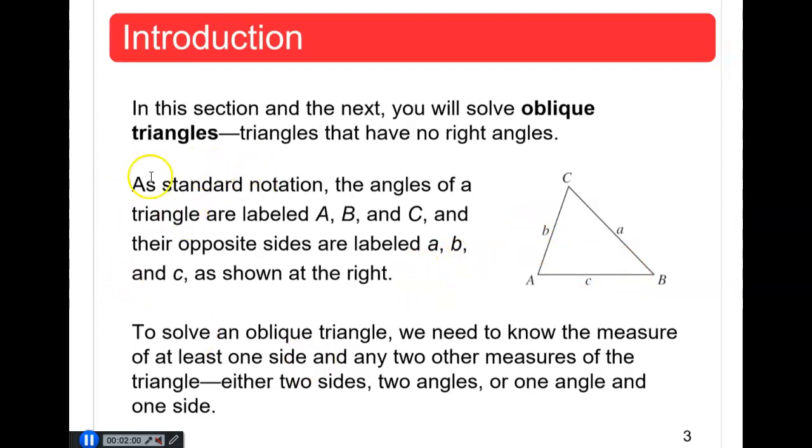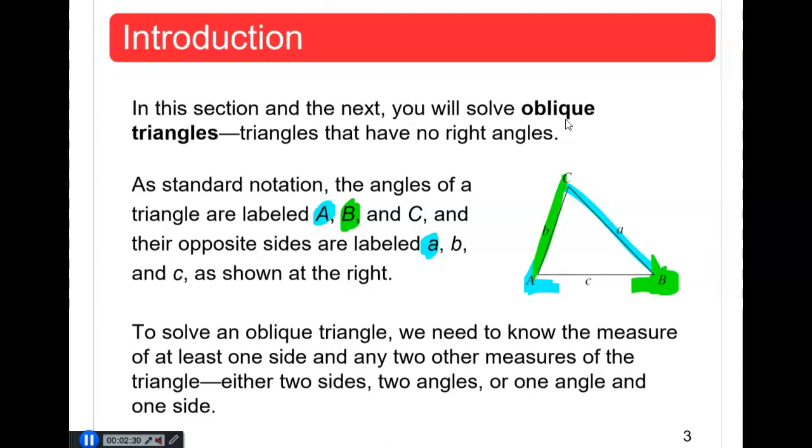So standard notation, just so you get used to it, we're going to have the angles A, B, C denoted by uppercase letters. So we have here angle A. And the side opposite to angle A will be labeled with the lowercase of the same letter, that is side a. Then we have angle B, which will be here, and the side opposite to angle B will be lowercase b.